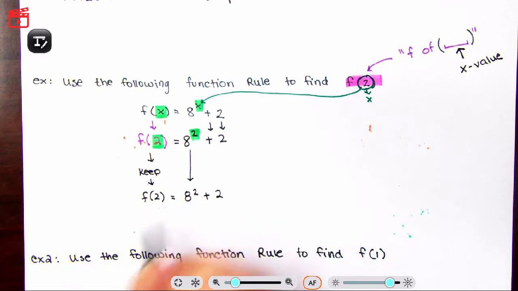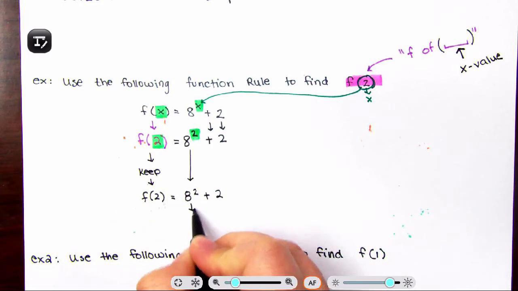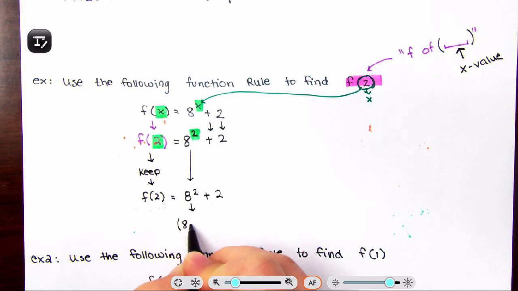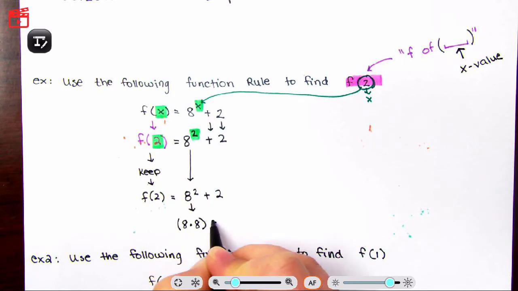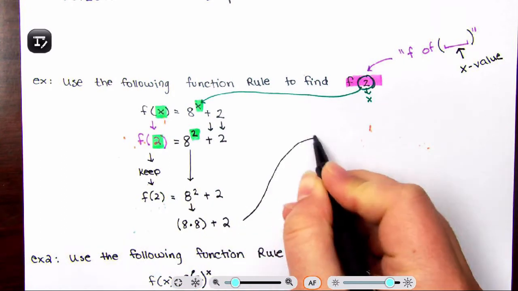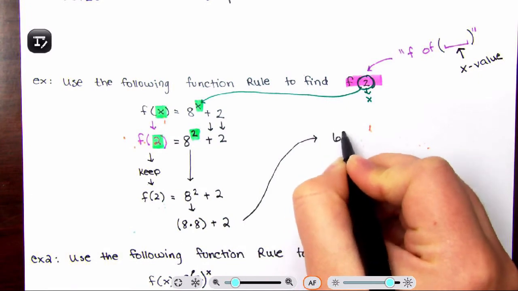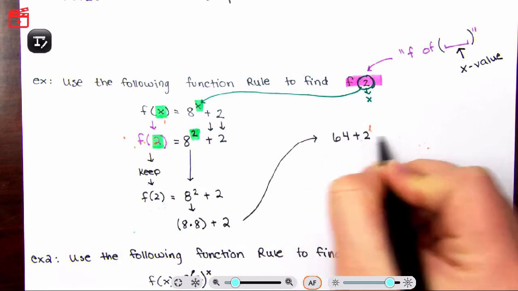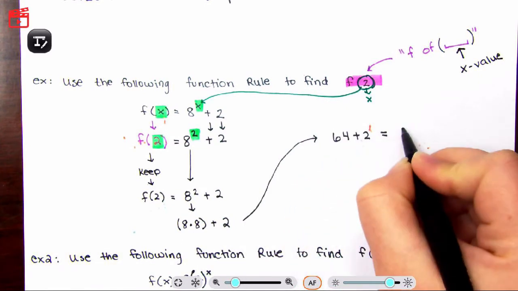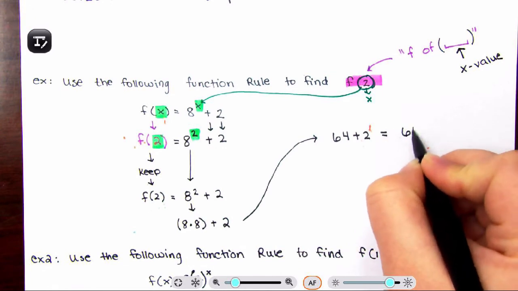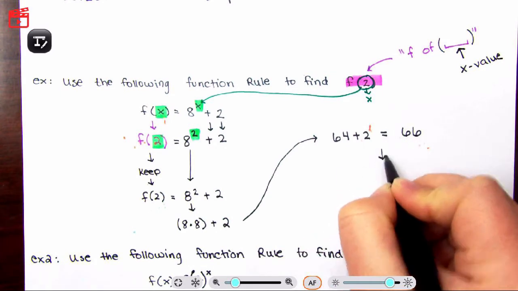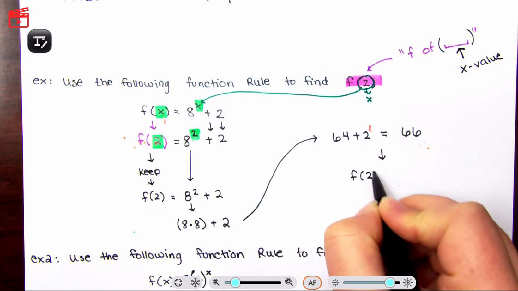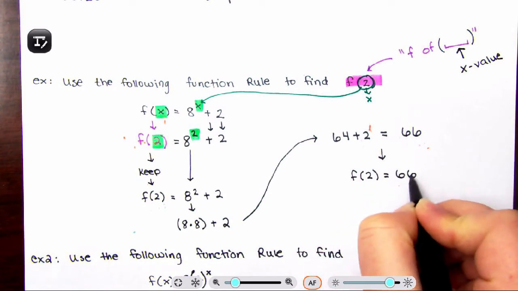And I realized I just rewrote the same thing twice. That's okay. 8 squared means that you have 8 times 8 plus 2. 8 times 8 is 64, plus 2 is 66. So your final answer should be f of 2 is equal to 66.